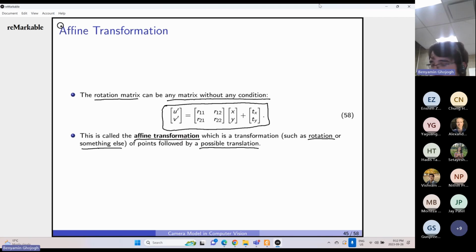Clear so far? So in these last few slides, I talked about some transformations where the scene is assumed to be planar, and I said that they are very useful, especially in industry.